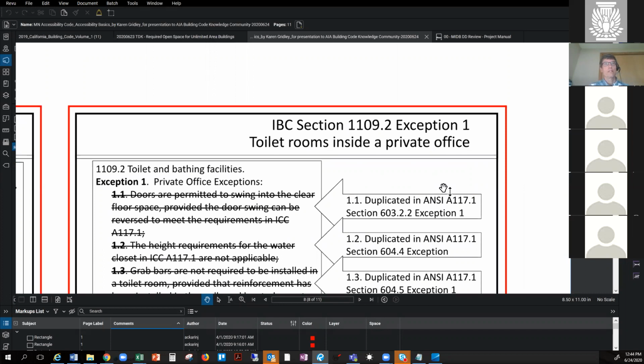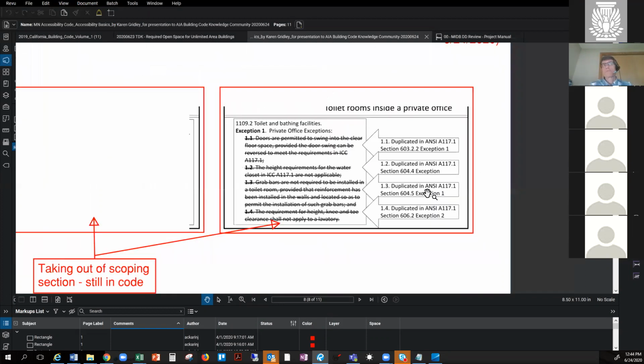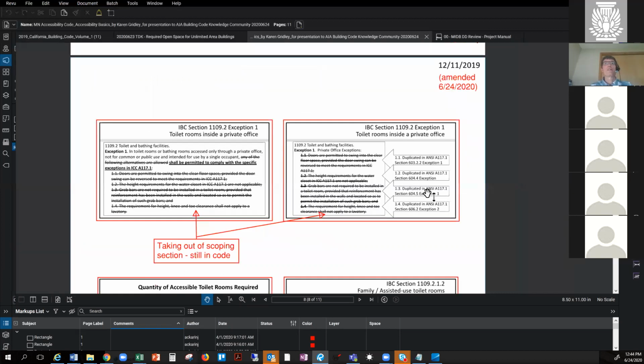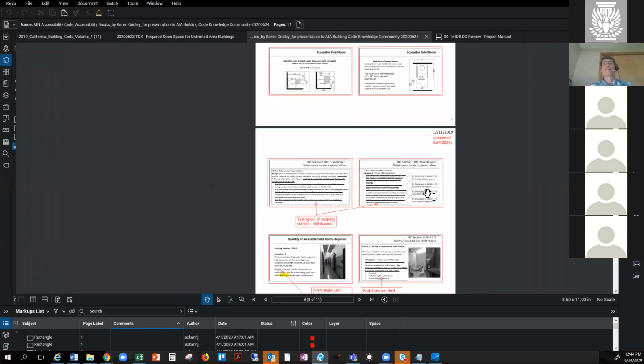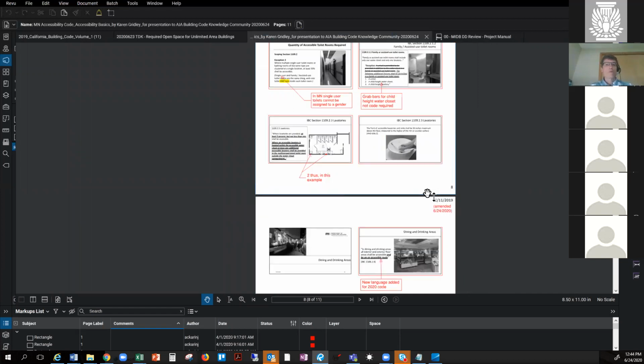That has been clarified in the presentation. Sorry if I wasn't clear enough about that, but that is the intent. If one is required and it's in the stall, then you need another one as well. So you actually are providing twice as many as required due to where it's placed. Hopefully that helps clarify that one.